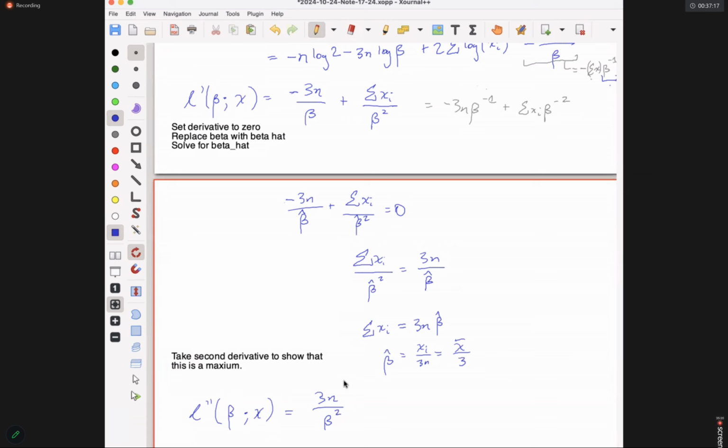Okay. Because the power is negative 1. Because remember that our power rule is that d dx of x to the a is a times x to the a minus 1. And here, it's at the same time, really.